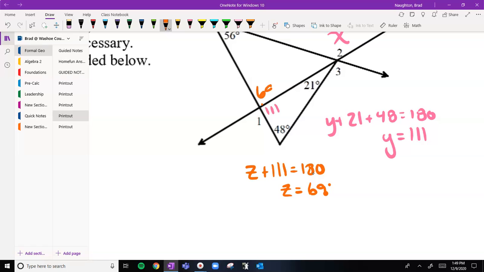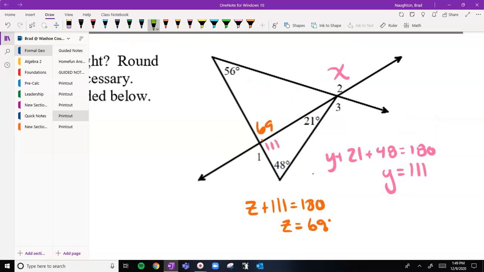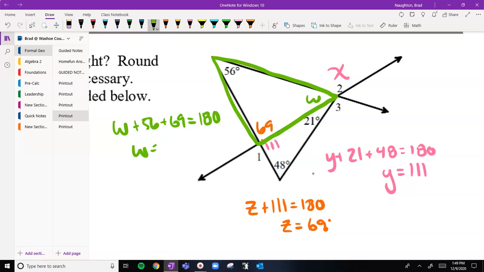So if this is 69 degrees, like we said, every triangle has got 180 degrees in it. So that includes this one. We'll call this W. So W plus 56 plus 69 is equal to 180 degrees. So when I do my math here, I believe I get 55.